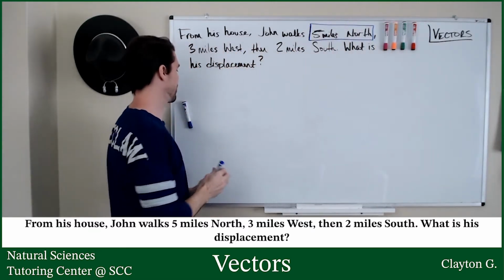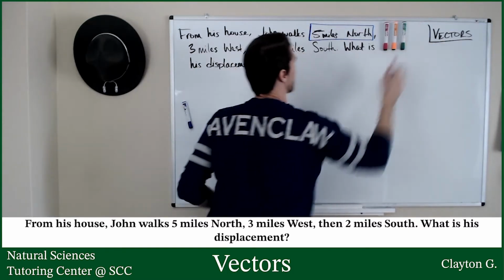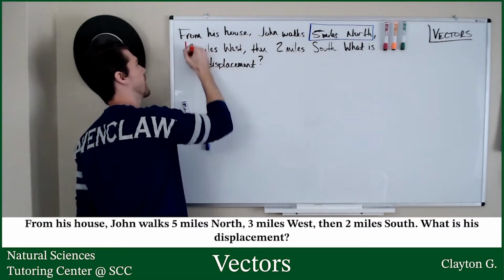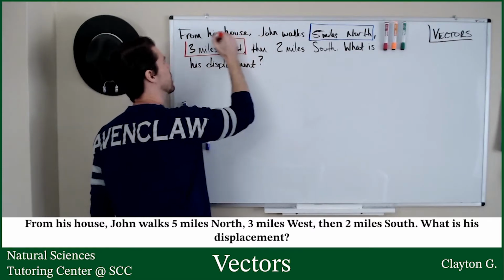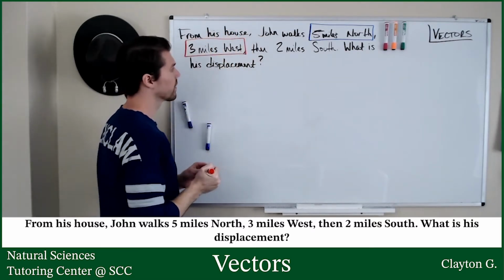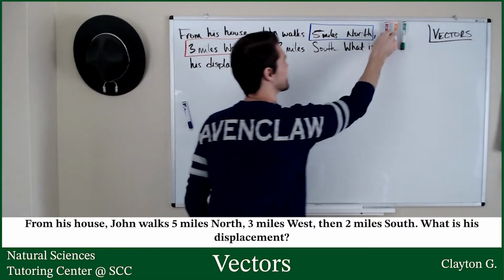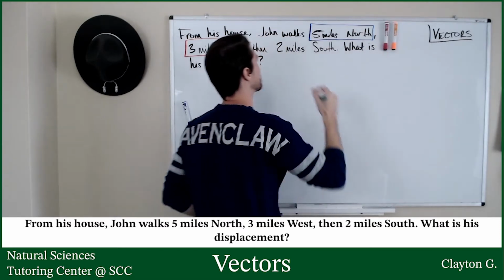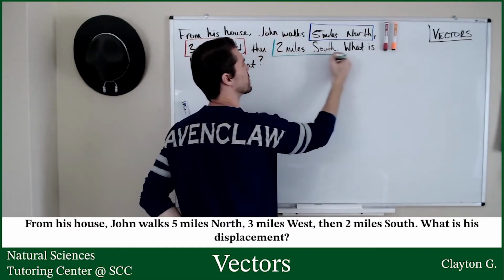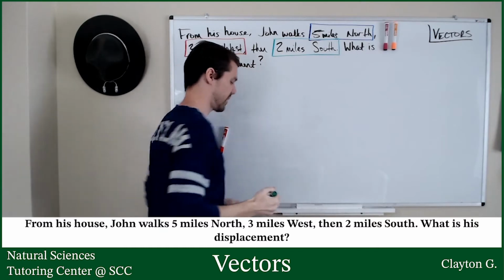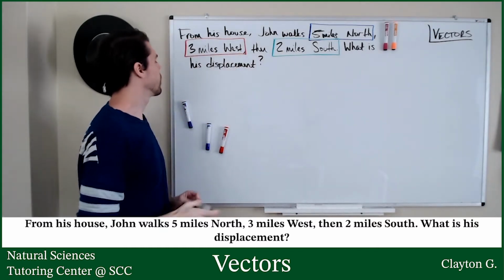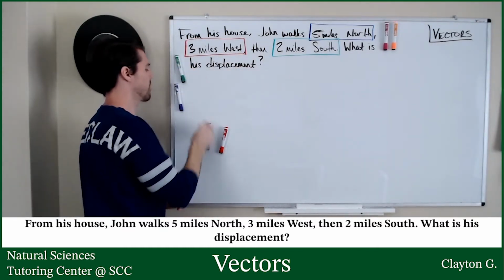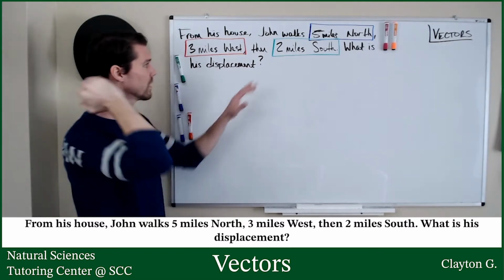Another one here, 3 miles west. That is another vector. Pull that out. And finally, we have 2 miles south. So let's pull this guy out. Perfect. So now we have our vectors laid out here.